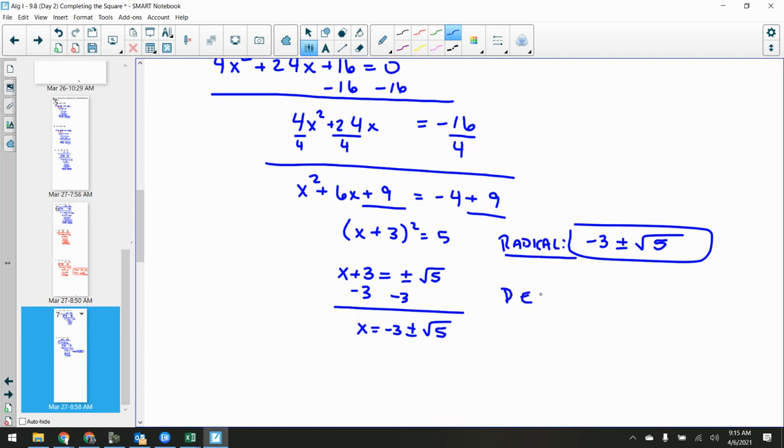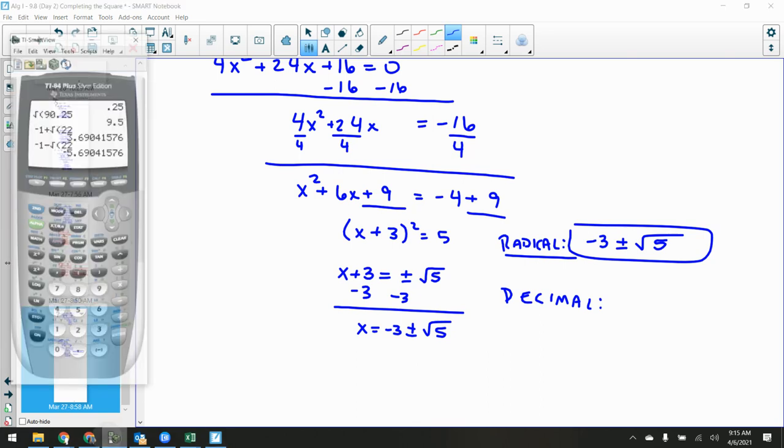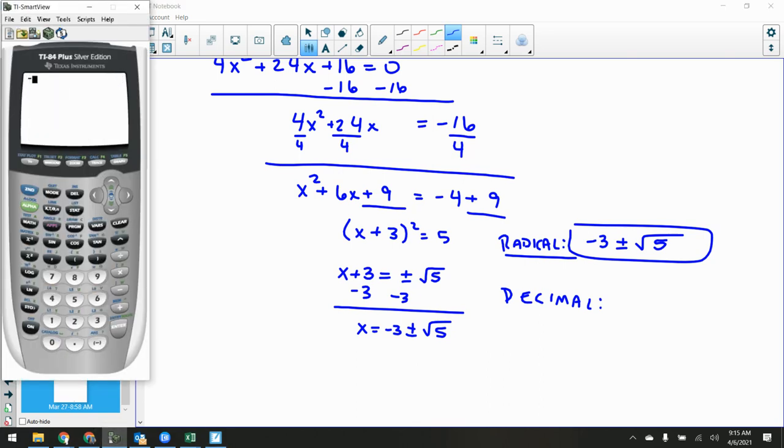My decimal answer, well, I just have to figure out what the decimals are. You say negative 3 plus the square root of 5, and negative 3 minus the square root of 5.